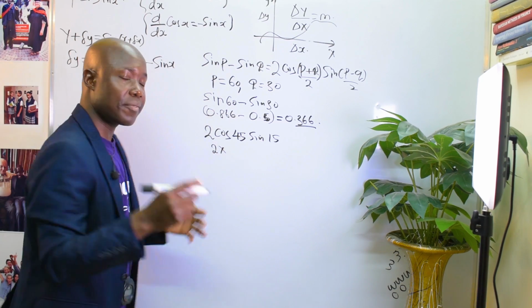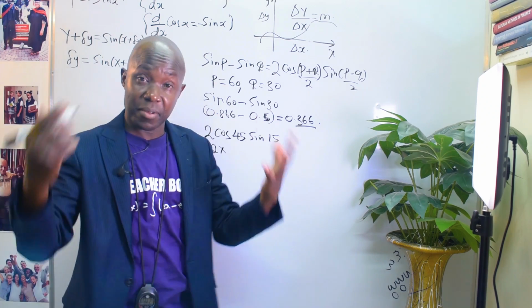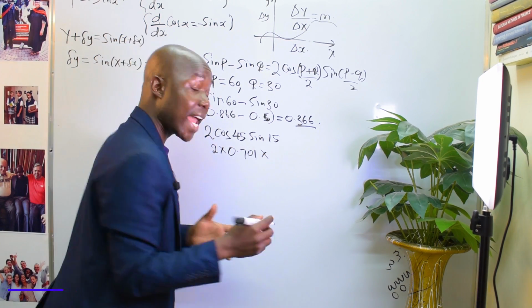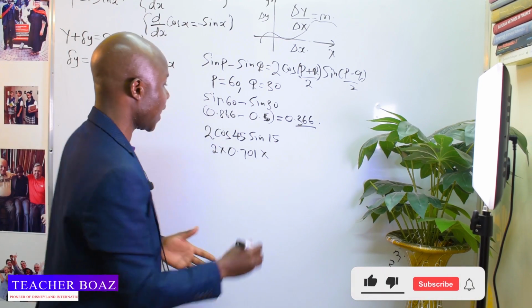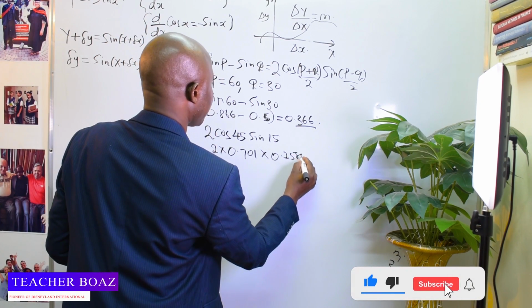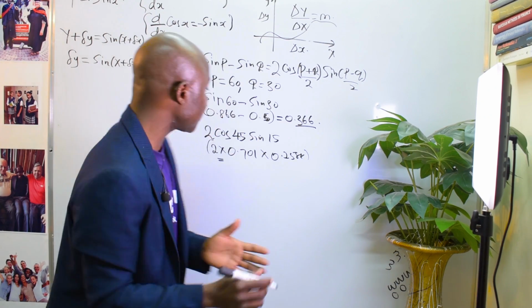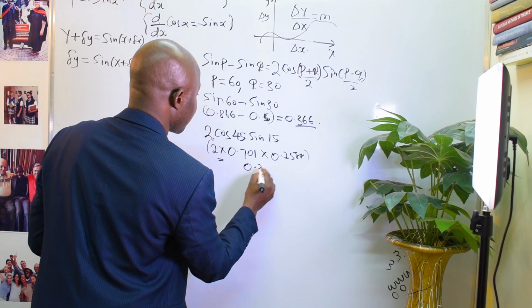Then the cos of 45 should be 0.701, and the sine of 15 should be 0.2588. If you use your calculator and multiply the numbers, you will get the answer 0.366.